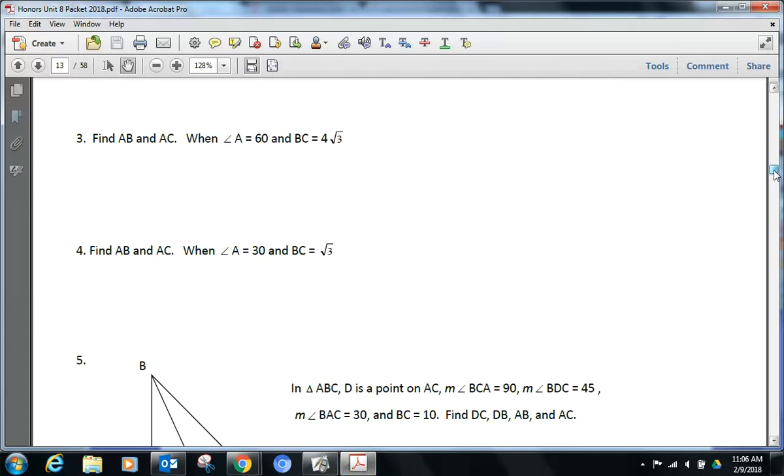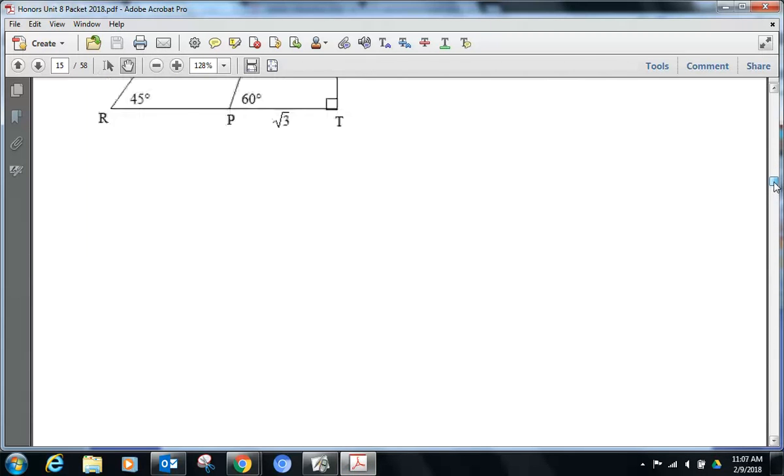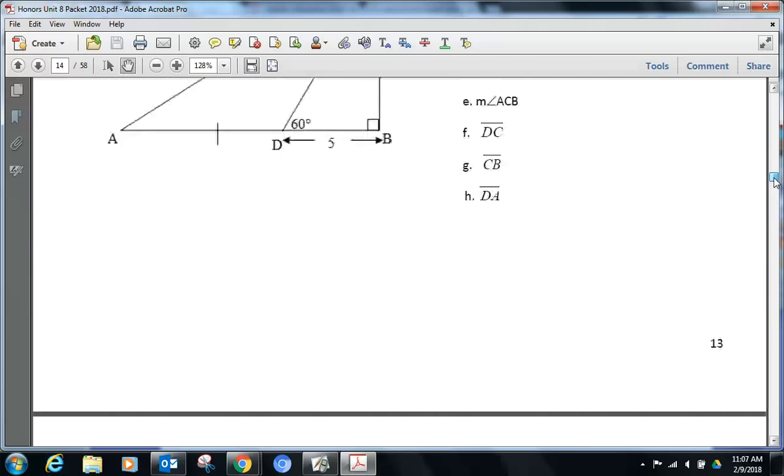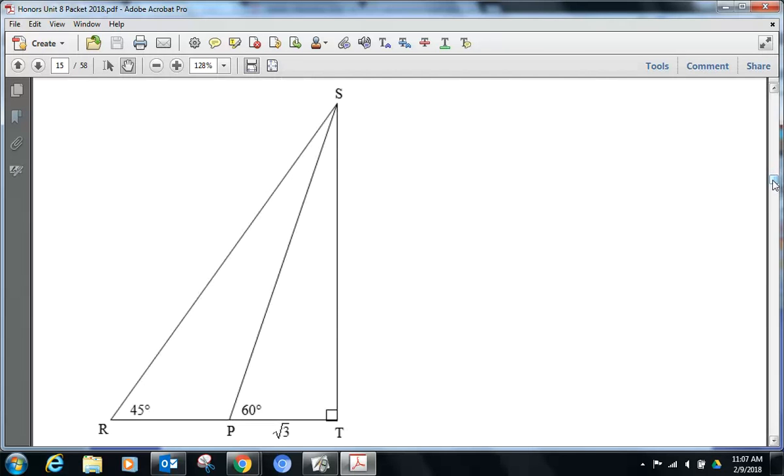You guys had 4 questions in the packet, it looks like. All pretty basic, but I will still go over anything you want to ask here. Mike? 4. Take a look at 4, everybody.